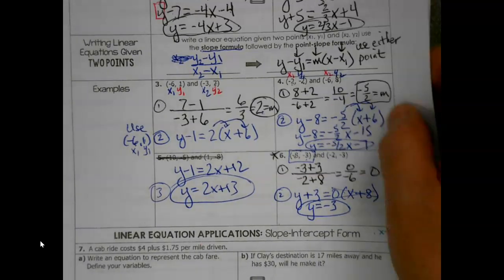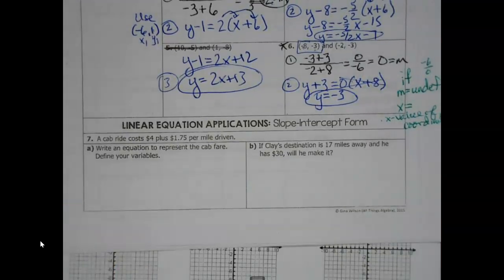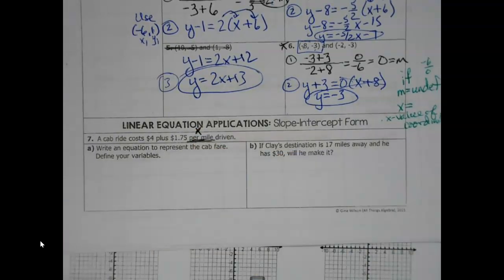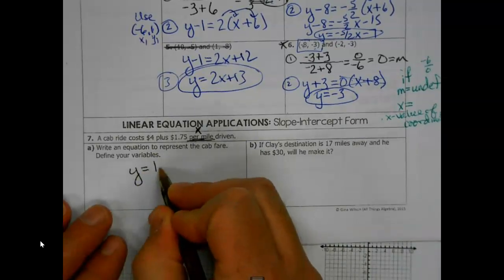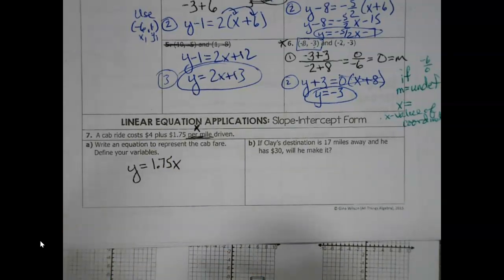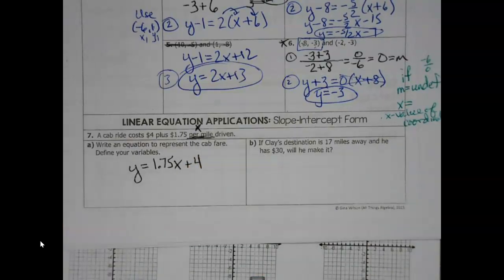Now let's do a little application work here to close things up. A cab ride costs $4 plus $1.75 per mile. We've had this discussion before. Usually the part that has the variable, the per mile, the one that has the changing value, we put that first. Could you put 4 plus 1.75x and be okay?